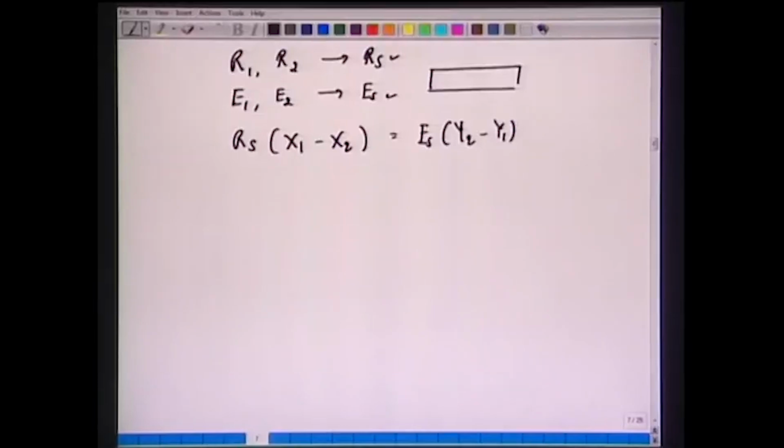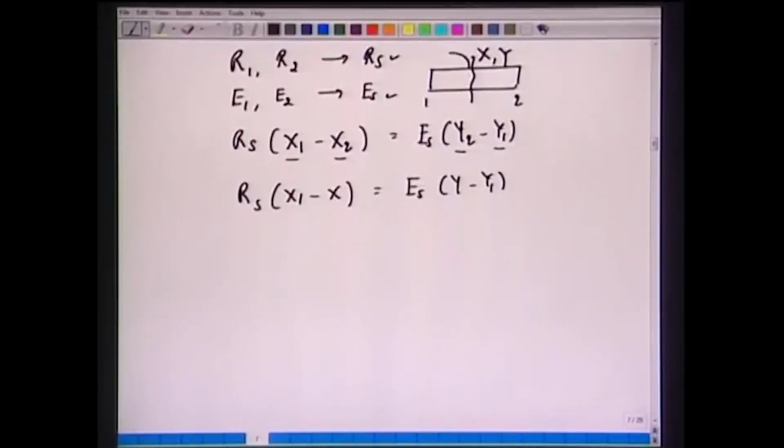So we have substituted small x1, x2, small y2, y1 in terms of their counterparts capital X and capital Y. And for some intermediate location between 1 and 2 where the mole fractions are X and Y, we can write Rs times X1 minus X equals Es times Y minus Y1. So essentially we have made a species balance over this envelope where two streams enter concurrently and they exit here at X and Y.